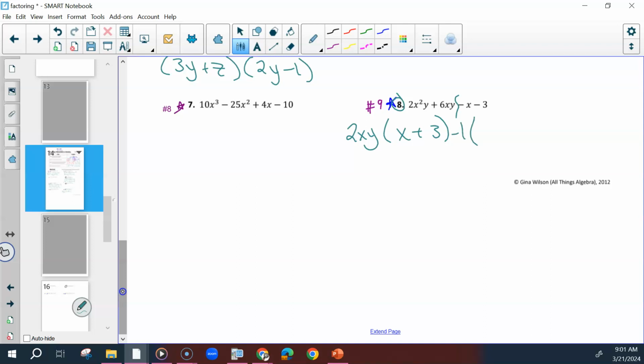And then what would be left? And then our final factors: 2xy minus 1 and x plus 3. If at any point you think your numbers aren't right, double check. Distribute, FOIL, or use the box method to make sure you get the same thing as at the beginning.